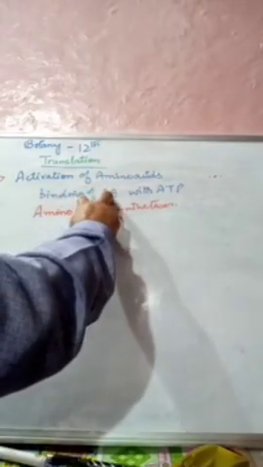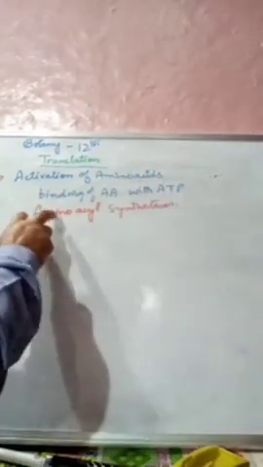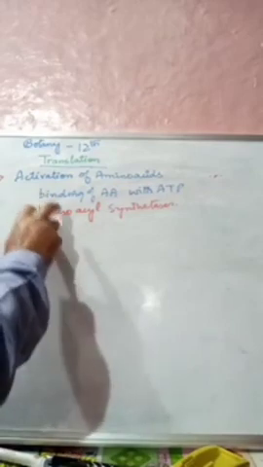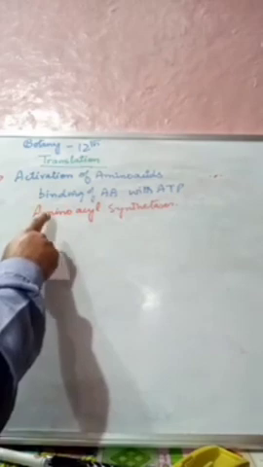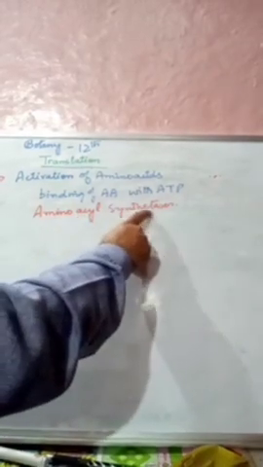So this binding of amino acids with ATP requires enzymes, and those enzymes are called amino acyl synthetases.